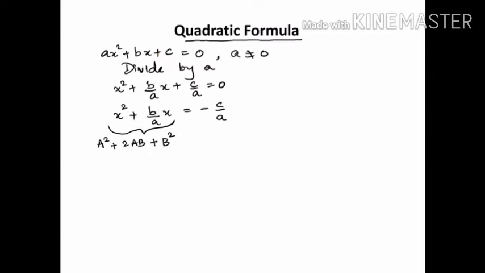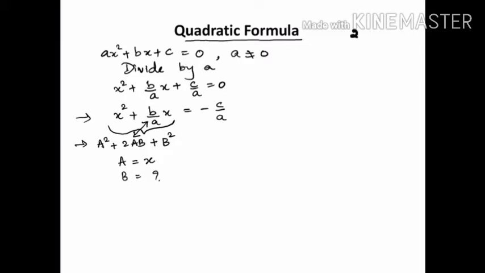So A is x. To find B, we will have to equate the x terms of these two equations, or the middle term of these two equations.